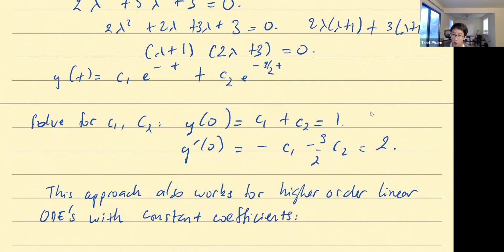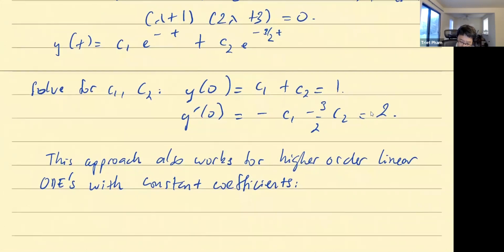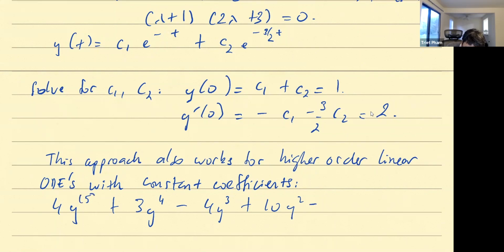What does that mean? Let's suppose you have a really high order equation, and I'm just going to make things up. Let's say y to the fifth plus 3y to the fourth minus 4y cubed plus 10y squared, with fifth order, fourth order, third order derivatives, and then let's say minus 15y prime plus 20y is equal to 0. Suppose you have that.